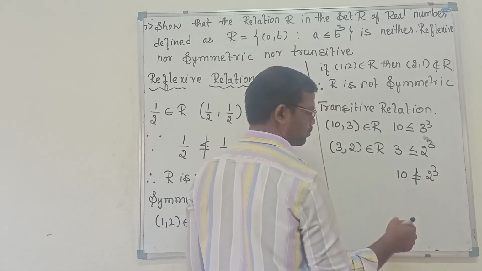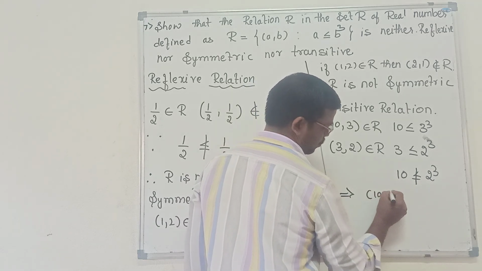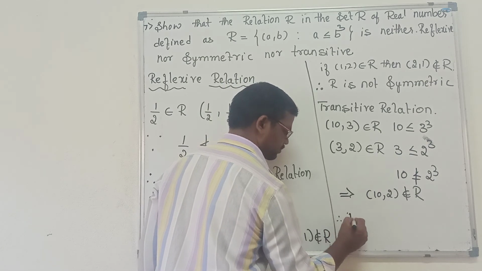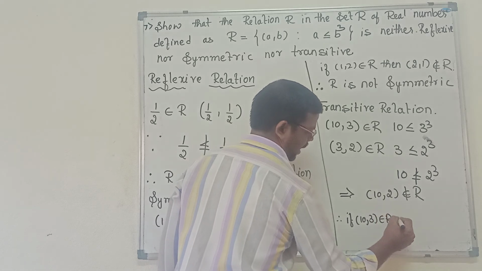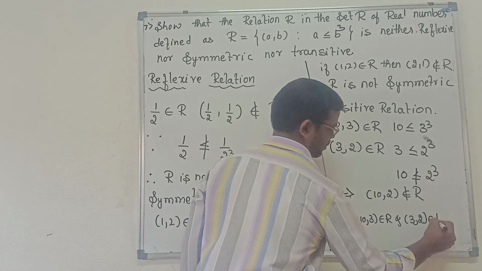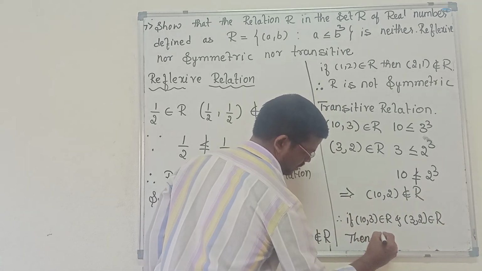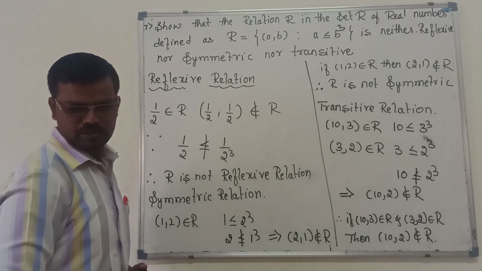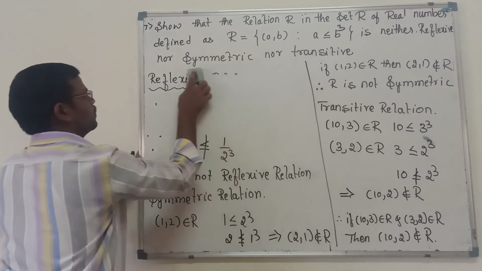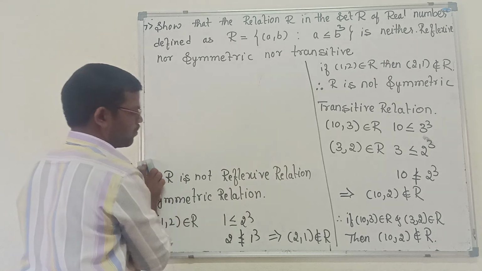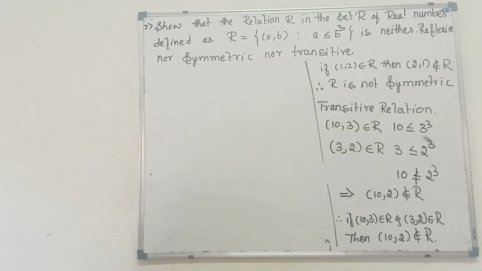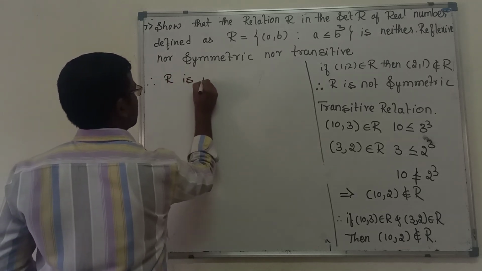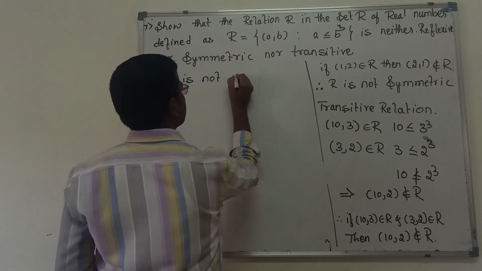So 10 comma 2 does not belong to R. Therefore, if 10 comma 3 belongs to R and 3 comma 2 belongs to R, then 10 comma 2 does not belong to R. Therefore R is not transitive.